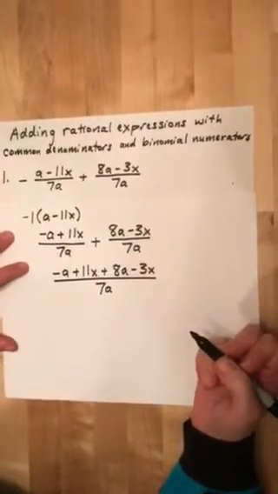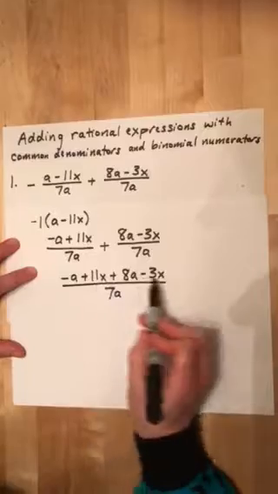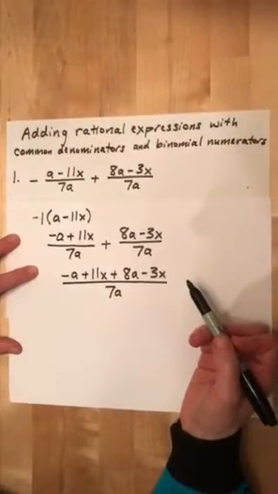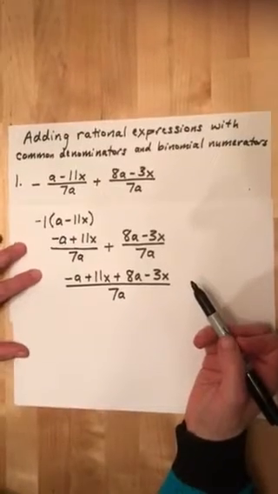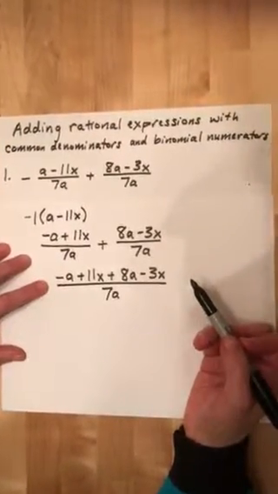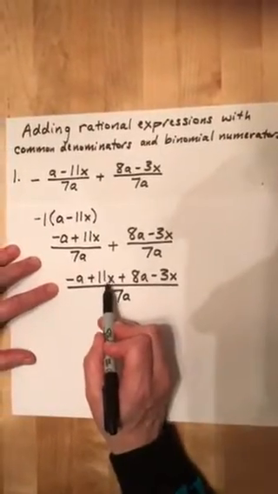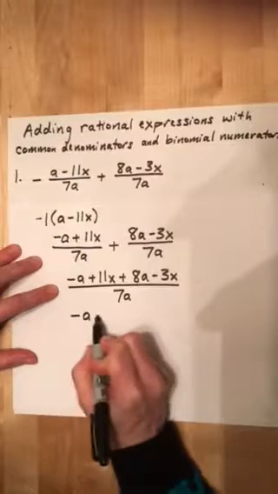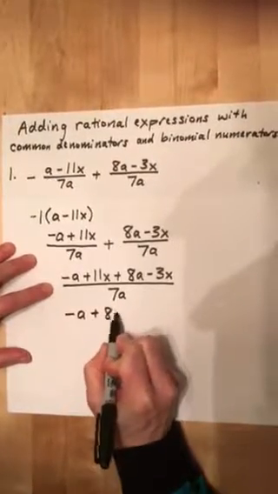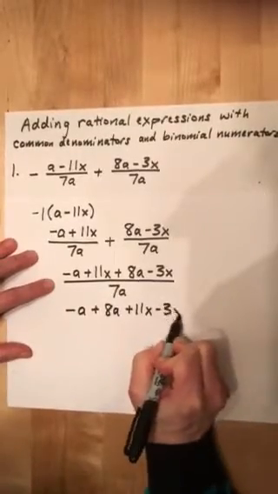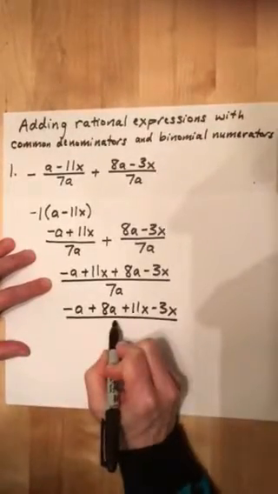What we'd like to be able to do is combine like terms, and so think about the commutative property of addition. That allows us to change the order in which we add, and so if we would switch these two middle terms, we see that we'd have negative a plus 8a plus 11x minus 3x all over 7a.